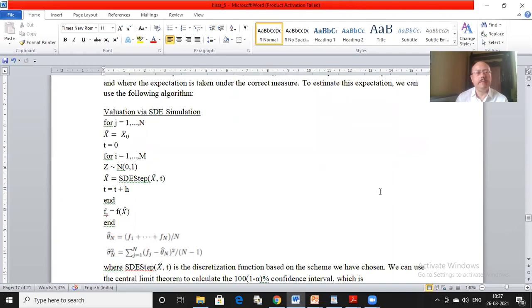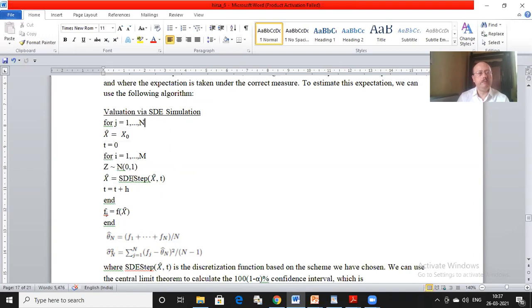So this is a general algorithm to estimate this expected value, theta. I have M steps, M many time points where simulation needs to be done. I start with X naught, set t equal to 0.